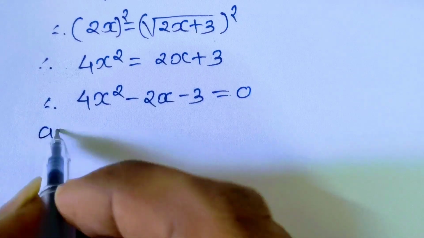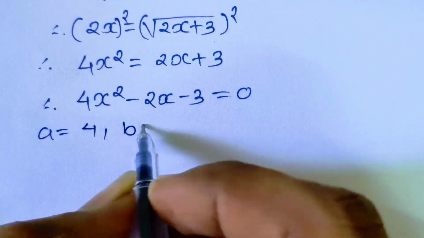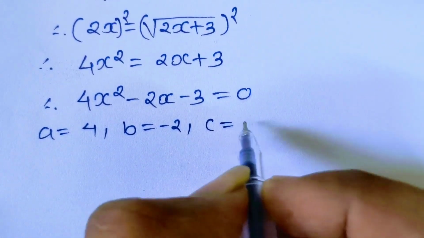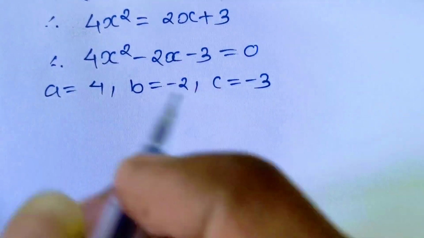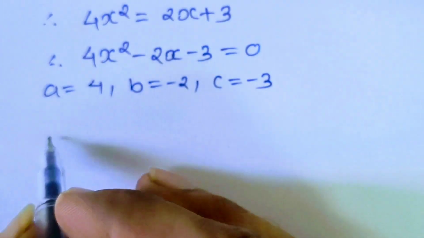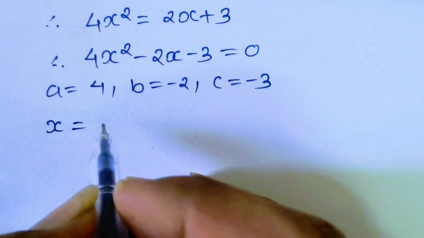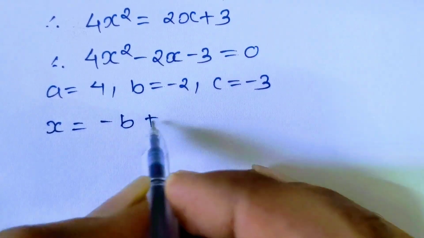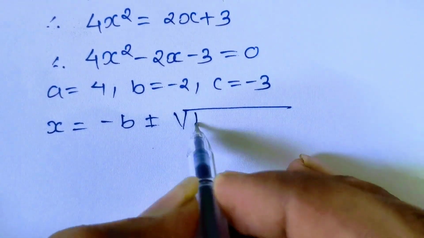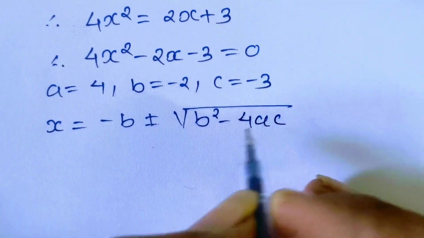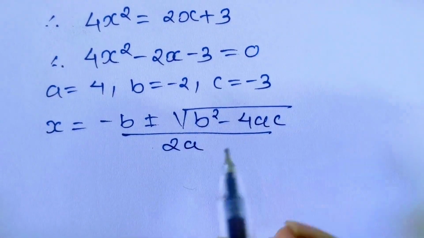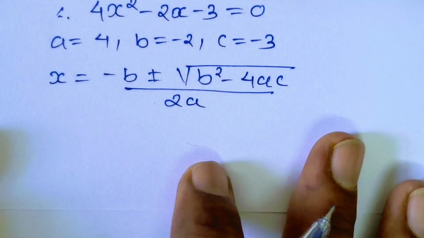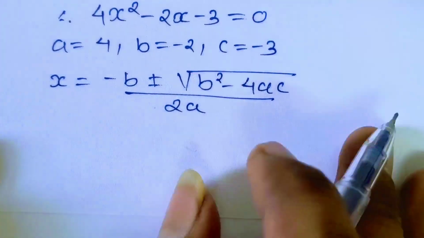Here a is 4, b is minus 2, and c is minus 3. Therefore x is equal to (minus b plus or minus the square root of b² minus 4ac) upon 2a. Now put all these values in the formula.